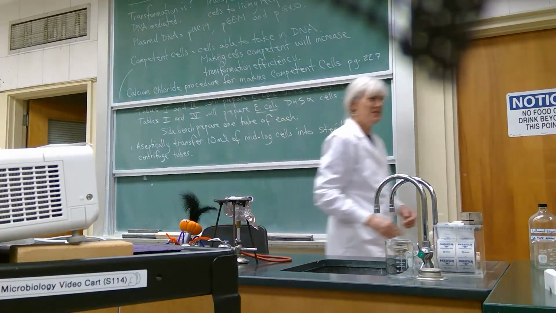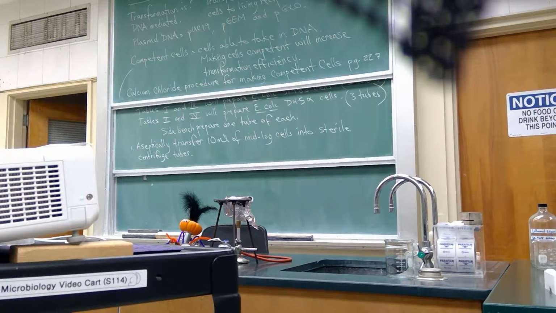What do I mean by aseptic when you're handling tubes? Put the tube over the flame. You're going to have your burners going, and when you take the top off, you flame the tube mount.